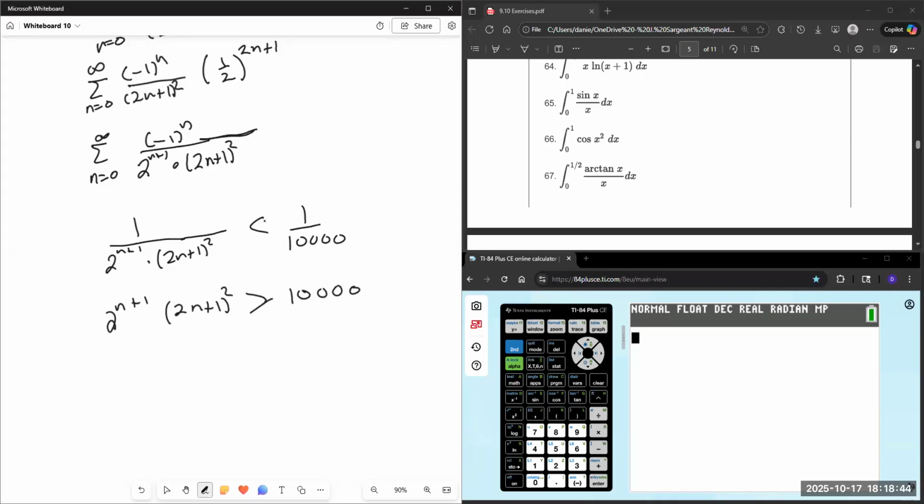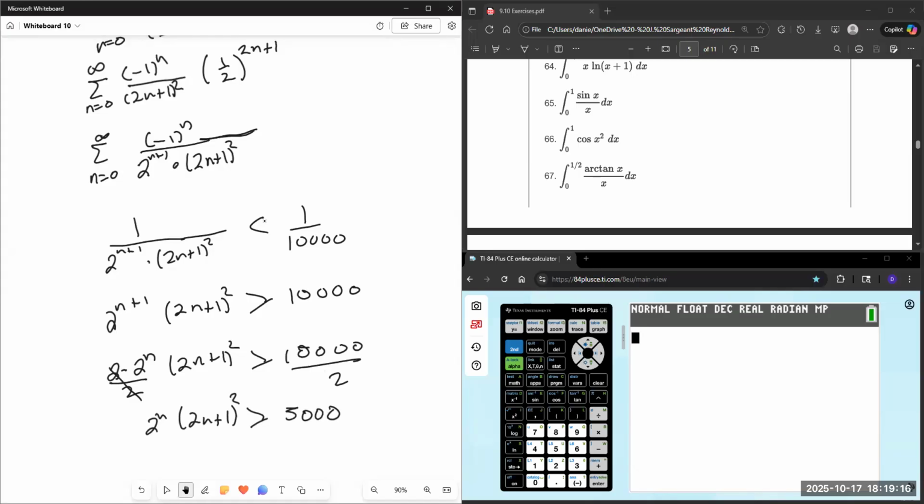Now, 2^(n+1) is the same thing as 2 times 2^n, times (2n+1) squared. This is not an absolutely necessary step, but this is 10,000, and I'm going to divide by 2 here to get rid of that 2 that's there, and 2^n times (2n+1) squared needs to be greater than 5,000.